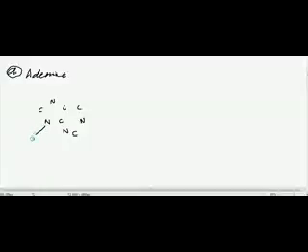In fact, this nitrogen is connected to another organic molecule which we will call R. This carbon is connected to a nitrogen which is in itself connected to two hydrogens.